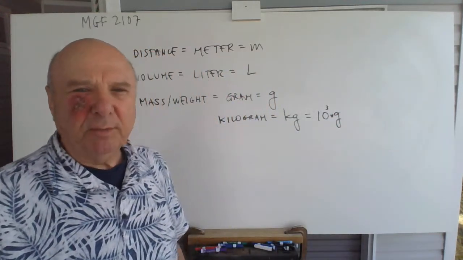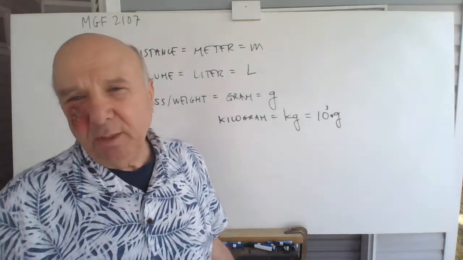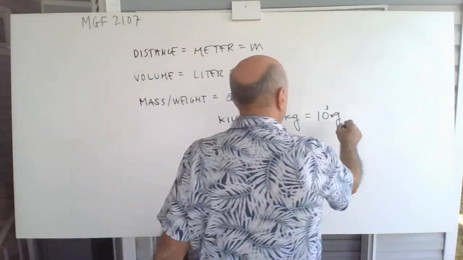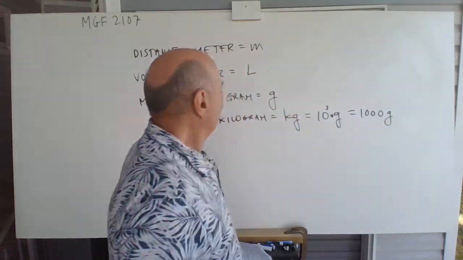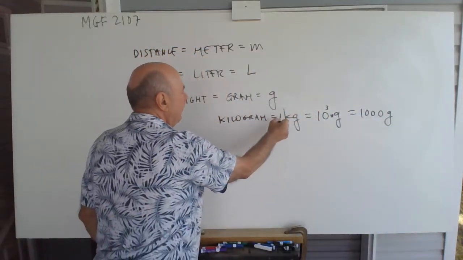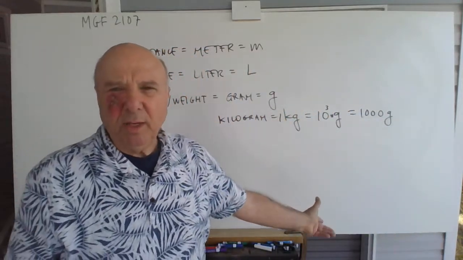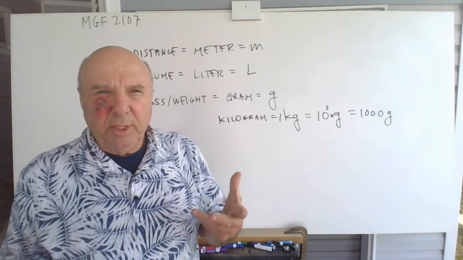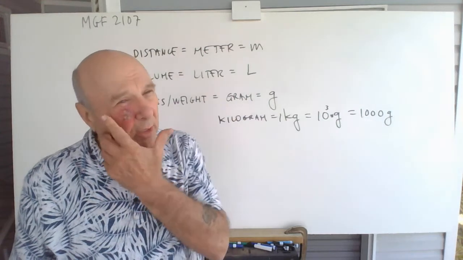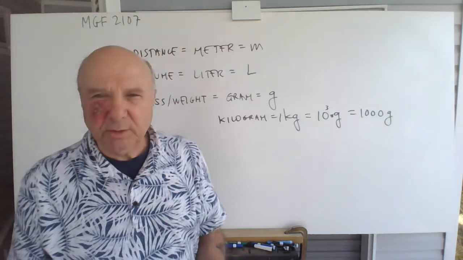Ten to the third times gram. But 10 to the third is 10 times 10 times 10, is 1,000. So 1 kilogram equals 1,000 grams.